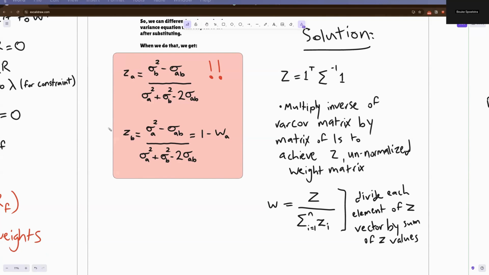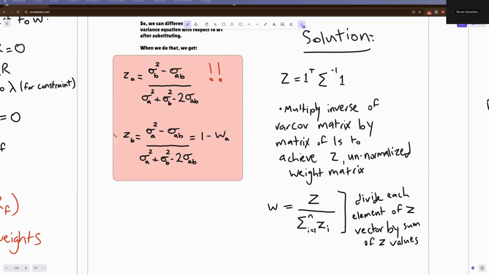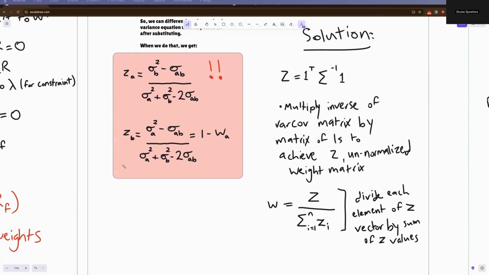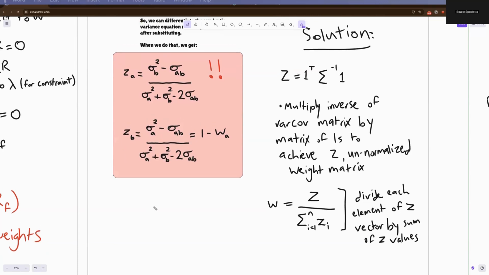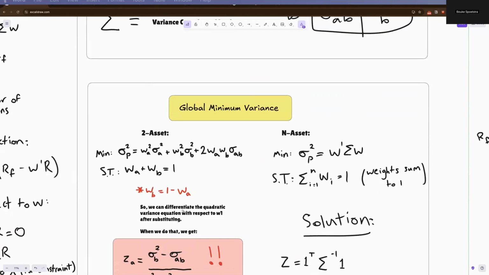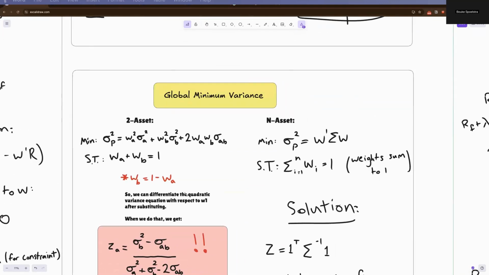So if you see a question on the test asking for the global minimum variance with two assets, you can just use these equations to calculate the unnormalized weights. And then once you normalize those, you'll have the weights for the global minimum variance portfolio. So that would be for two assets.